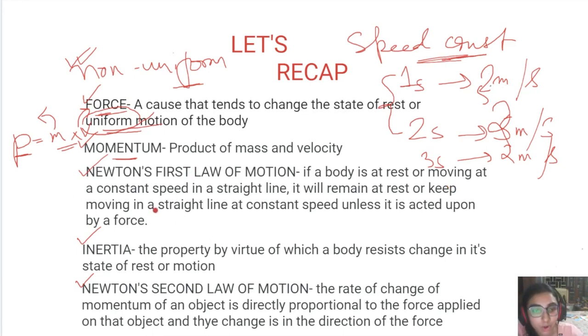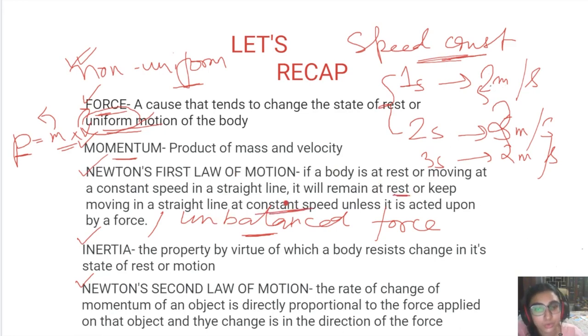So a force, or specifically an unbalanced force, is basically responsible for causing the change in the body, as a result of which it will either change its state from rest to motion, or from uniform motion or constant speed to non-constant, variable speed, from where the acceleration concept comes in. Okay. Now what is inertia?